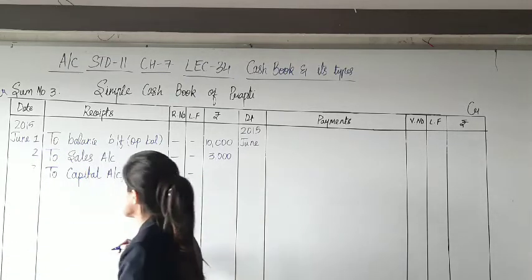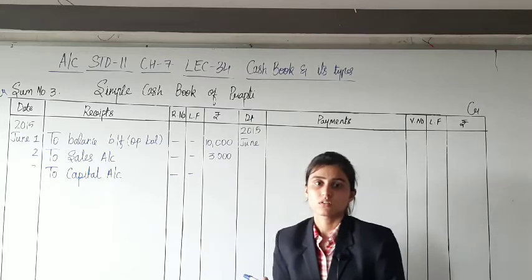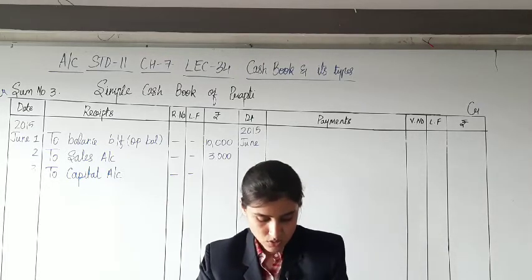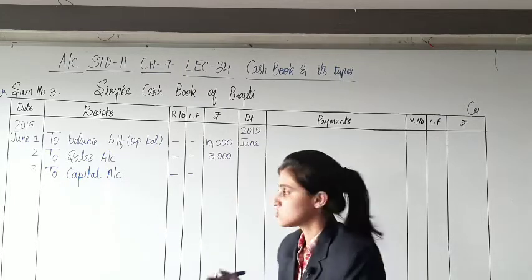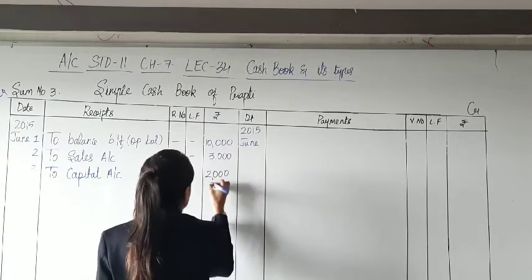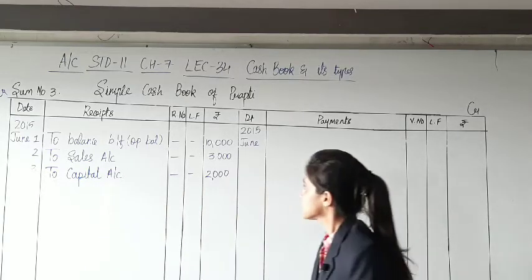Cash which is brought in the business by the owner is termed as capital. So it is of rupees 2000.